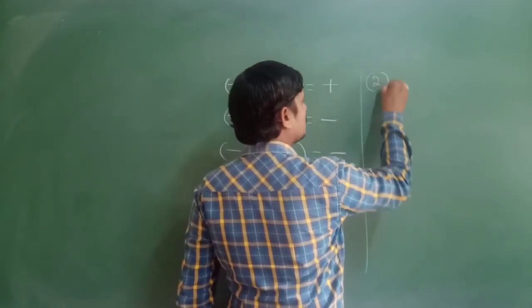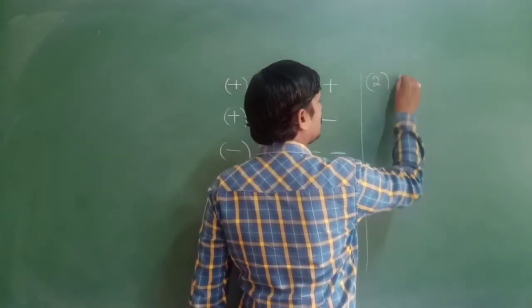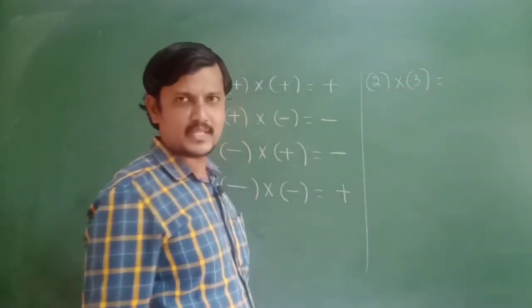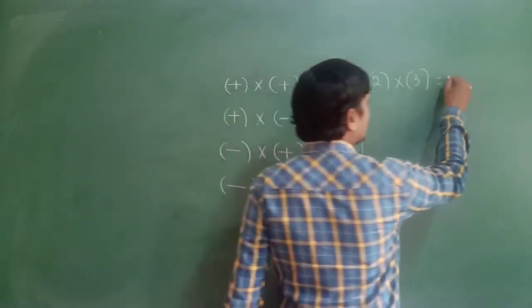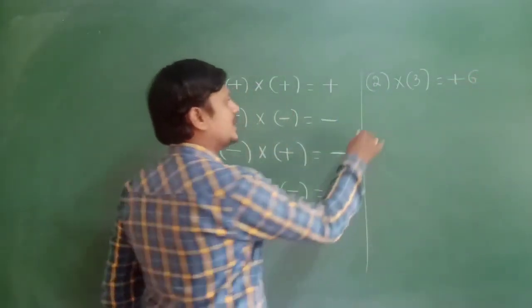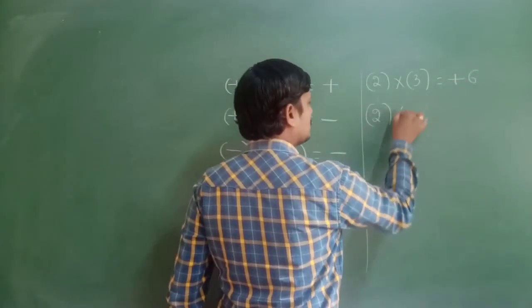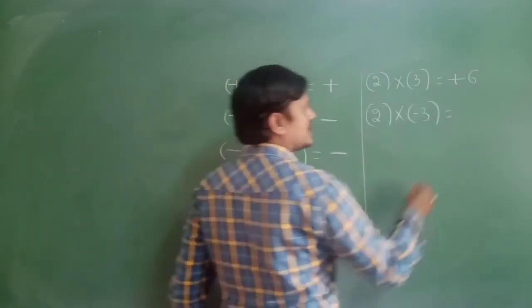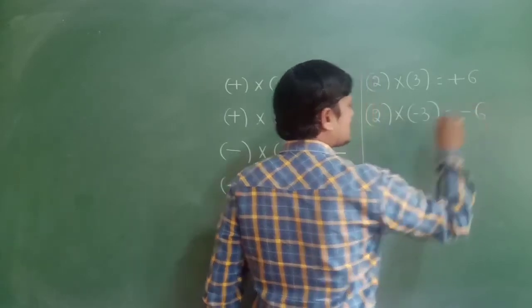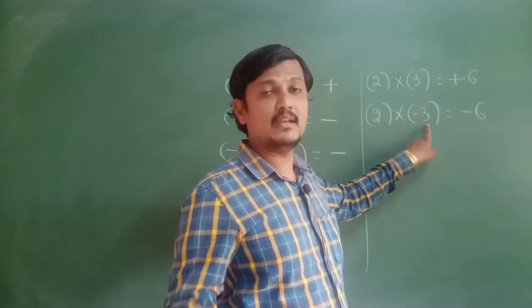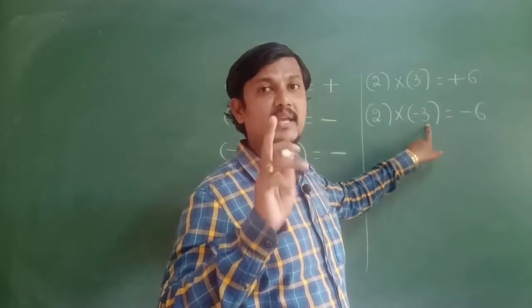On the basis of this, just consider 2 into 3. Here both are positive. 2 into 3 is plus 6. Next, 2 into minus 3 is minus 6. It does not depend upon the sign of the bigger number.